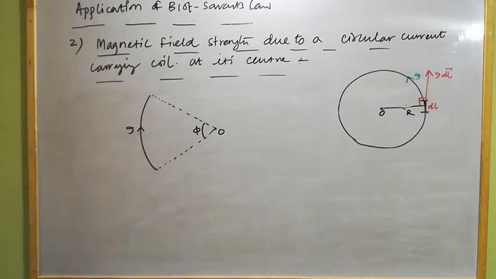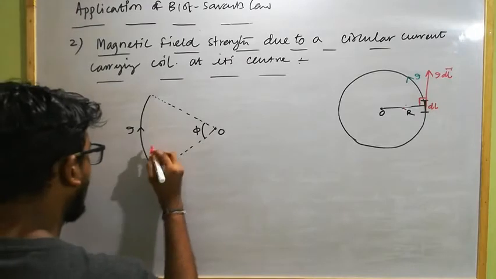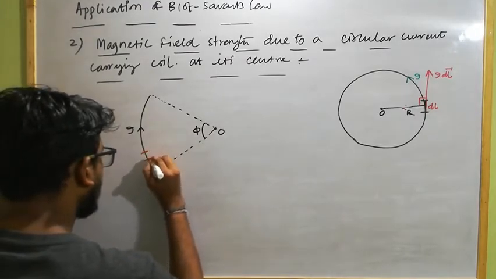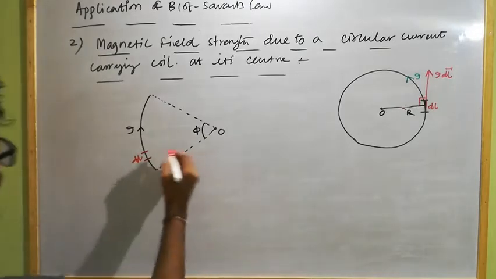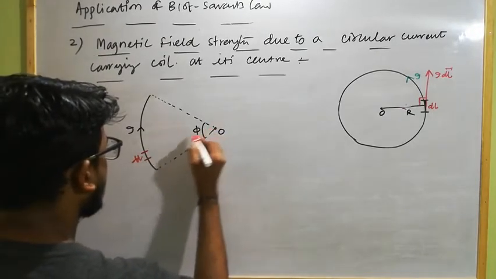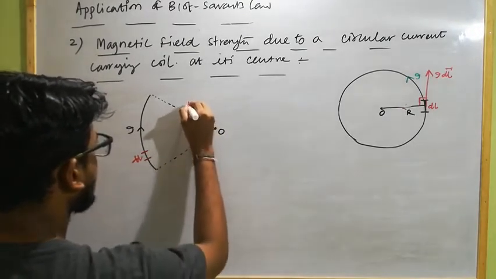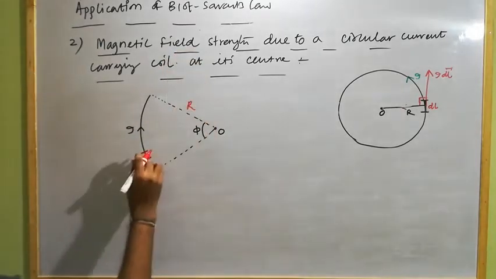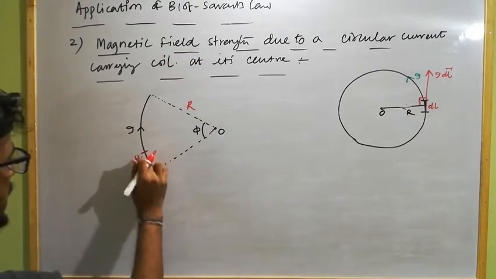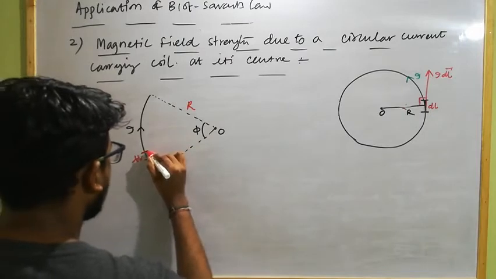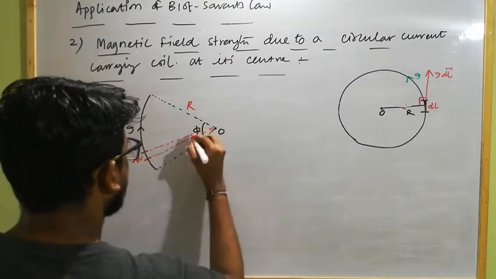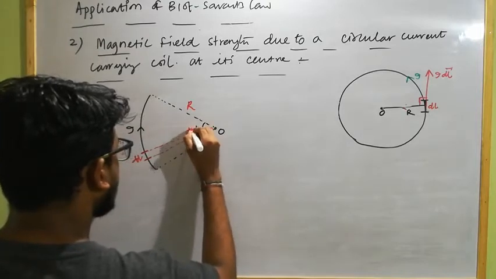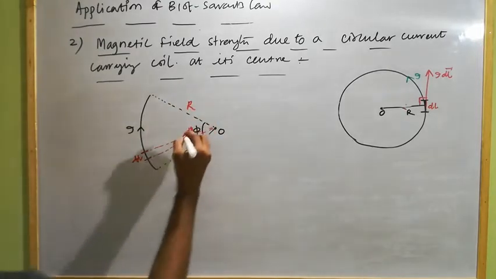To calculate this, let us assume a small current carrying element of length dl, where the radius of the circular arc is r, which makes an angle d theta at the center. So this much angle is d theta. Clear?